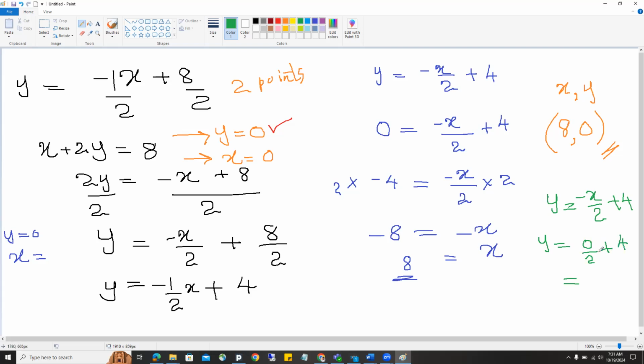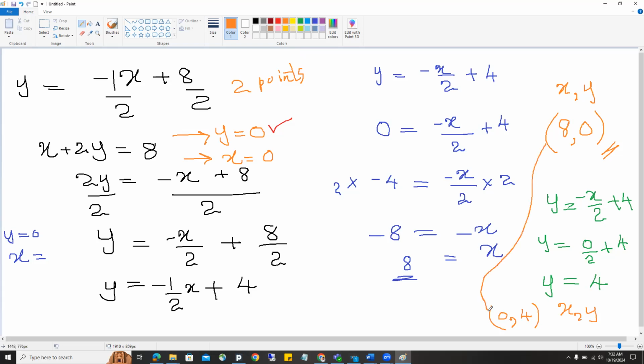That means 0 divided by 2 is again 0, then 0 plus 4. The answer is 4. So when x equals 0, y value is 4. So these are the two coordinates.